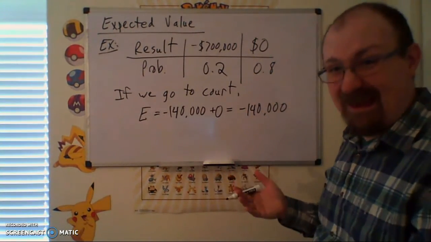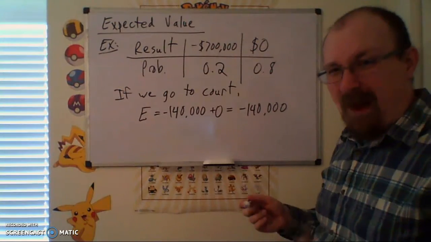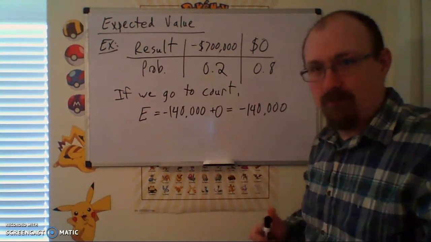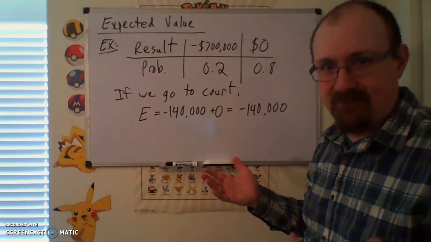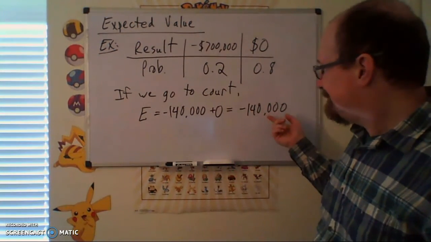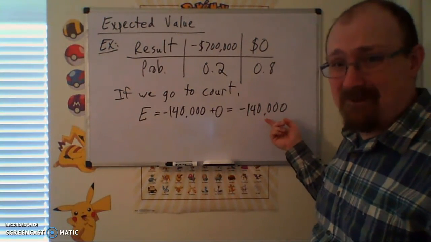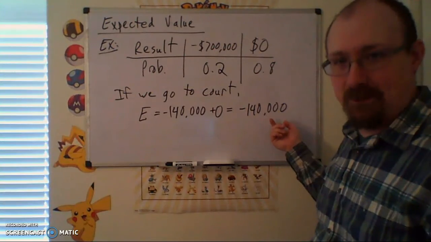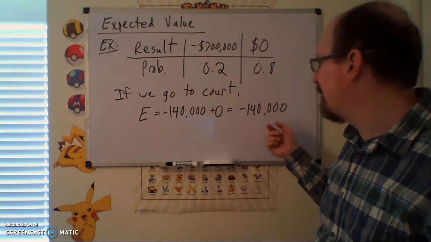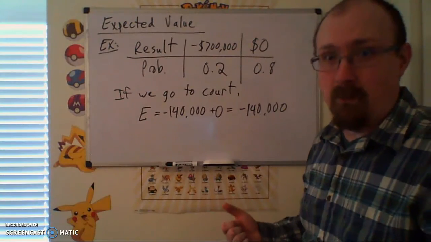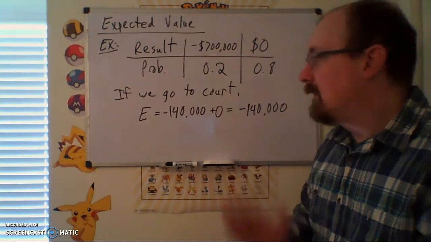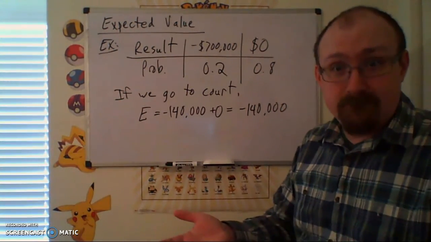It's still negative. But in practice, if money is the only concern, and you're not dealing with some kind of media circus publicity thing, this is still less than what we would be out if we settled. We're guaranteed to lose $300,000 if we settle. So again, if the dollar signs are your only concern, you probably want to take your chances in the courtroom. So that's expected value.